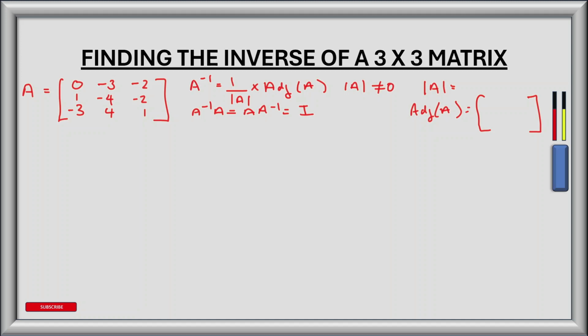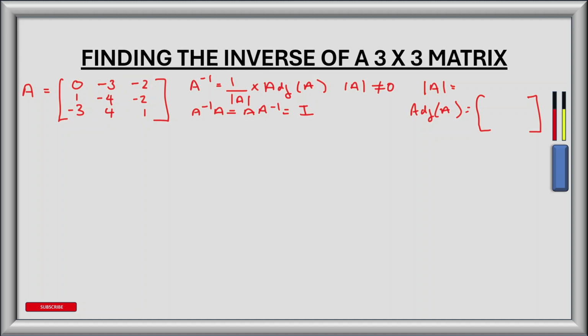Once we've found its determinant, we multiply it by its associated first row element. So let's start with element 0 in the top row, and we eliminate its column and its associated row, and we find that we're left with a 2 by 2 matrix here.